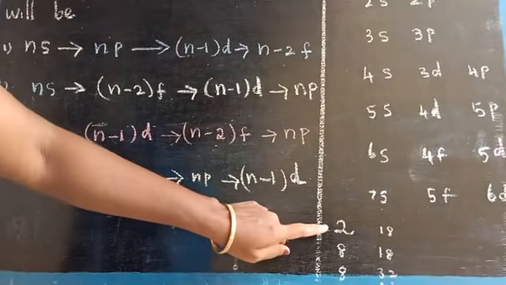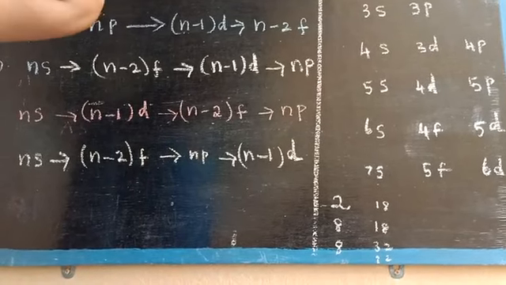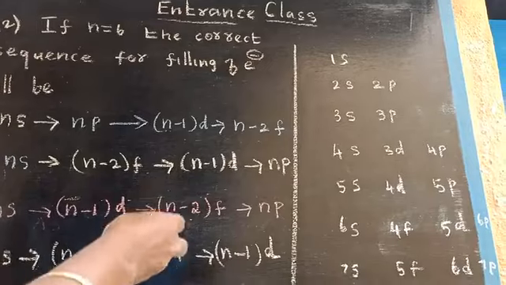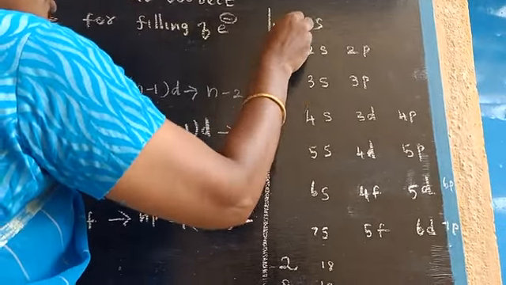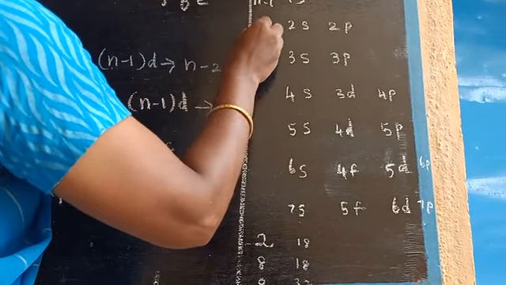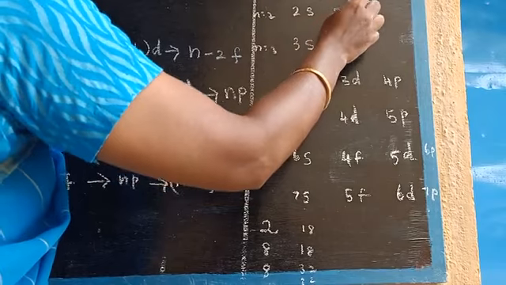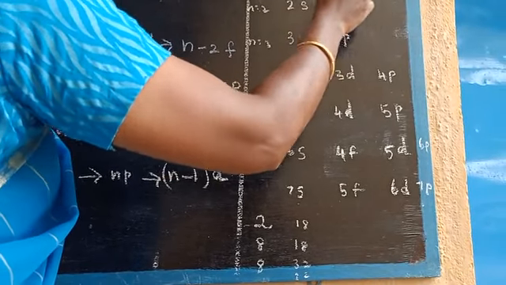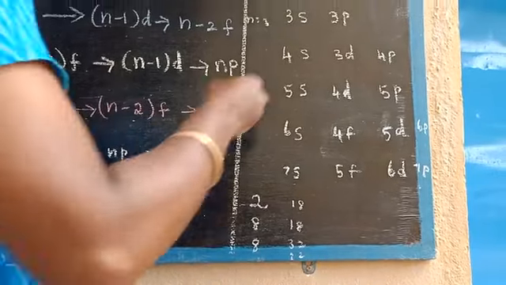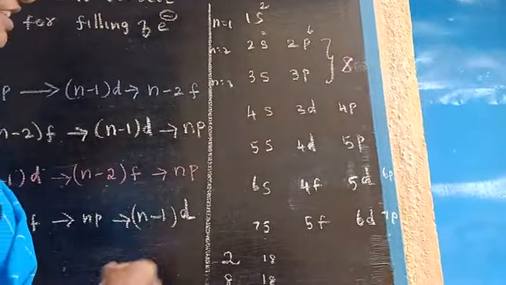In the first period 2 elements are present, explained based on electrons. So 1s, n is equal to 1, the 1s orbital holds 2 electrons. Here n equal to 2, here n is equal to 3: p orbital 6, s orbital 2, so totally 8 elements are present.